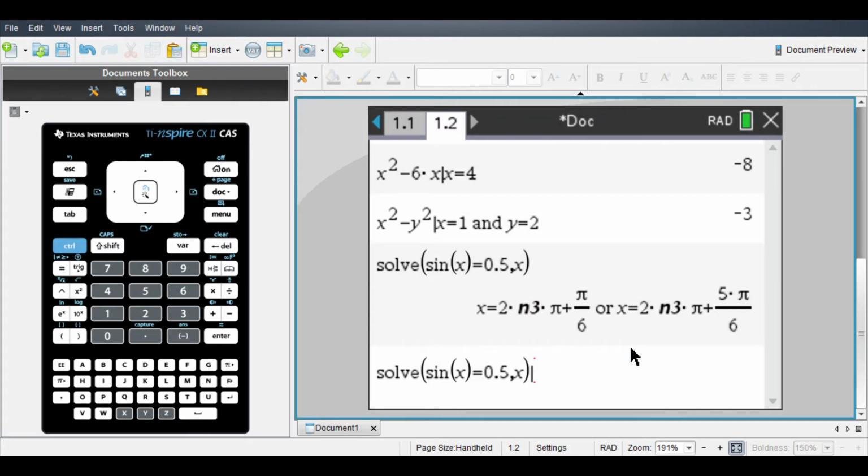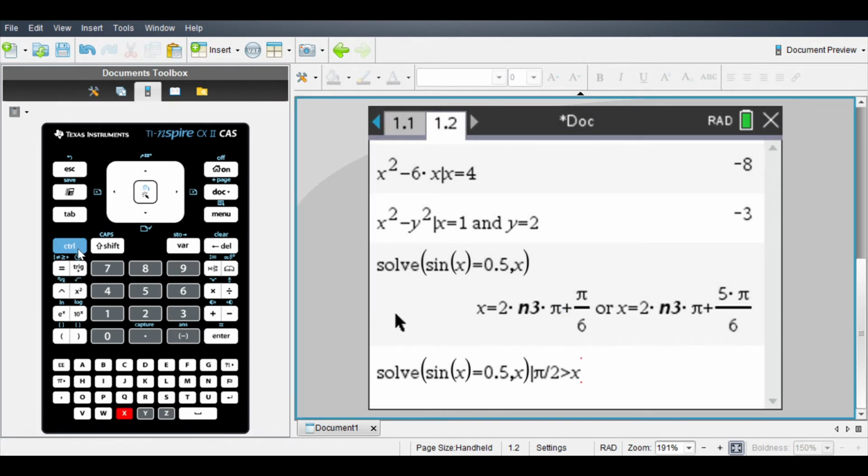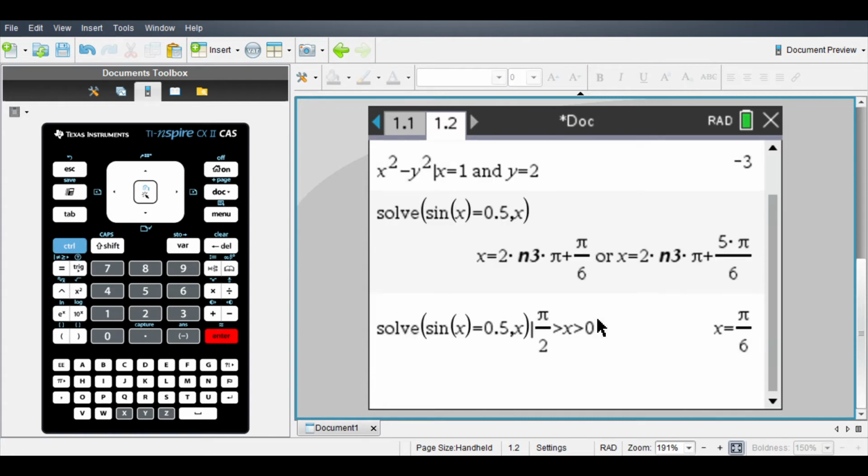So what you would do is you would type in an inequality, which is pi over 2 greater than x greater than 0. And if you think about it, this just means that x is in the first quadrant, right? So if you hit enter now, it will give you the solution that is in the first quadrant. Yep, and that wraps up the second section of today's video.